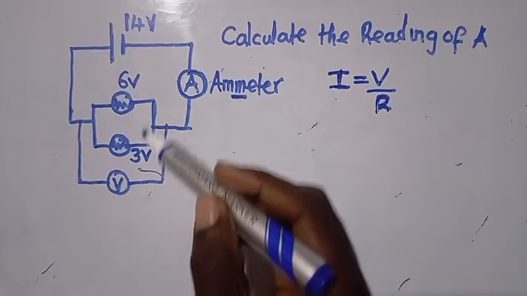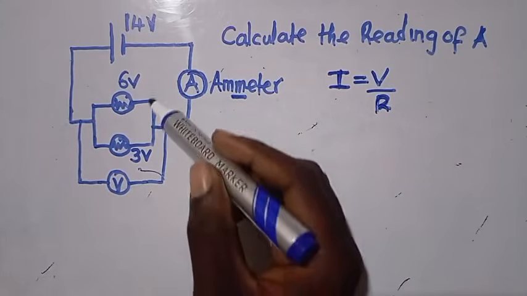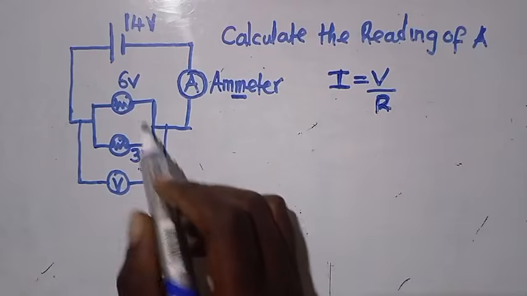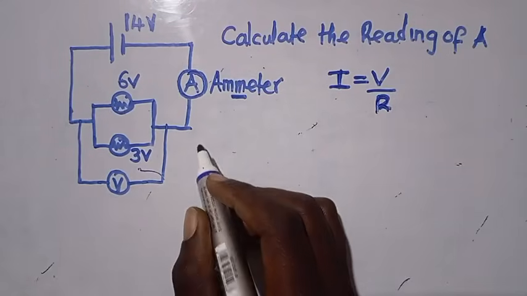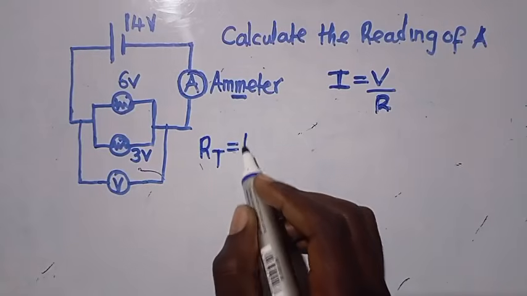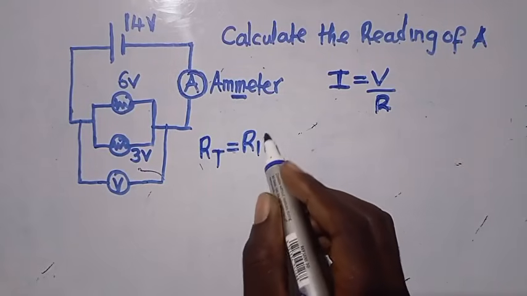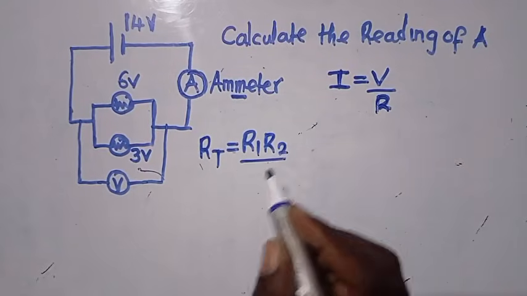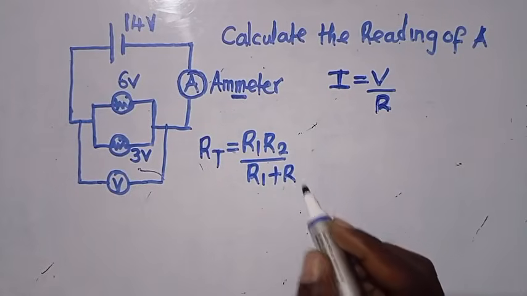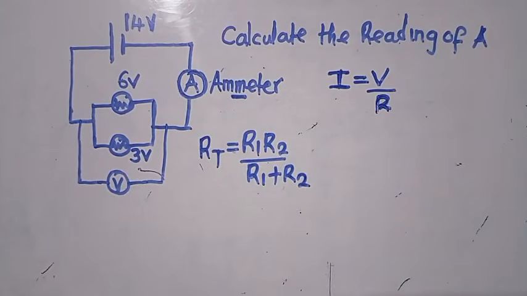For us to find the resistance that is in parallel, if resistors are just two, total resistance is given by the formula: resistor 1 times resistor 2 over resistor 1 plus resistor 2. This is a particular formula that we get to use.